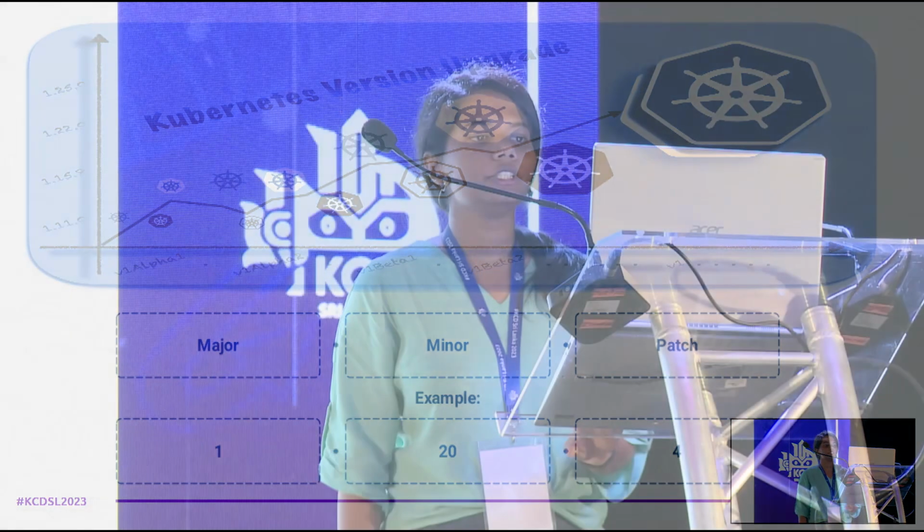Major versions represent significant changes to the Kubernetes APIs and may introduce breaking changes to the cluster. Minor versions typically include new features and functionality. And patch versions contain bug and security fixes.